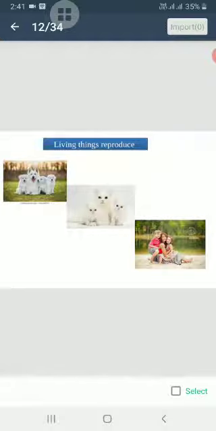The birds sit on the eggs to keep them warm. Baby birds come out of the eggs after a few days. Frogs, snakes, spiders, and mosquitoes also hatch from eggs. Most plants are produced from seeds. So, this is how living things reproduce.